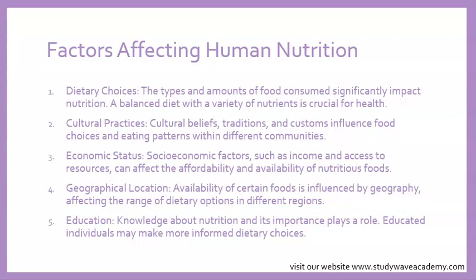Economic status. Socio-economic factors such as income and access to resources can affect the affordability and availability of nutritious foods. Okay, how much money you have can affect the types of food you can afford and access. Okay, do you understand?